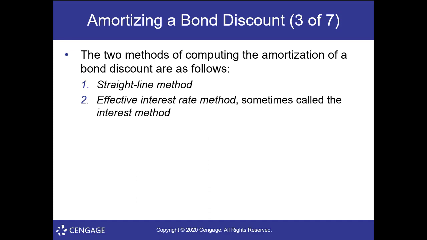There are 2 ways of amortizing: straight line and effective interest rate. For purposes of the final exam, we will be doing a problem with the effective interest rate, and I'll be doing those exclusively in my examples in the next lecture when I do problems.